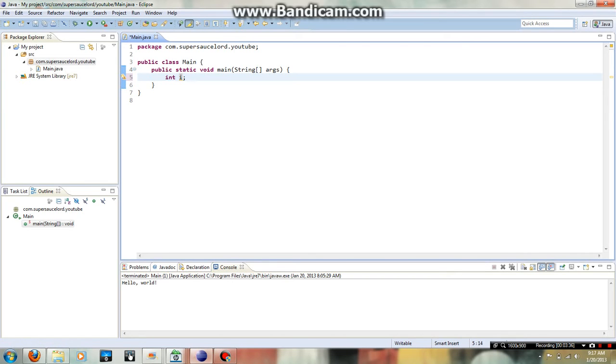So if I set this equal to 0, it would be fine. If I set this equal to 1, that'd be fine. But if I set this equal to 1.2, it would throw an error, because int is short for integer, and integers are whole numbers. So this equals 1.